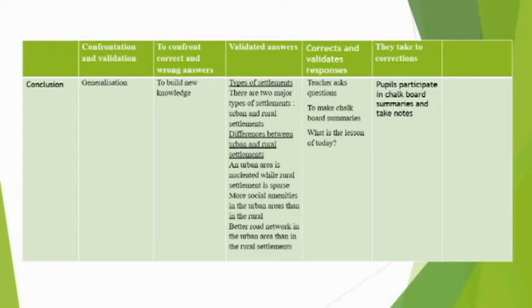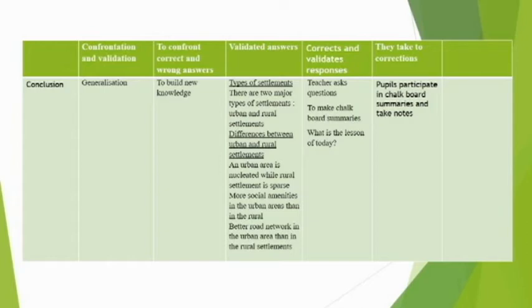The lesson title is types of settlement, but it is put in bracket, differences between urban and rural settlement, which is our main focus for the lesson. Now at this level of generalization, your body of the lesson comes out clear, what you are supposed to teach: types of settlement, differences between urban and rural settlement. That's what you put at the level of main matter.